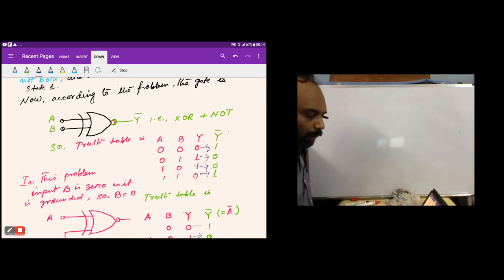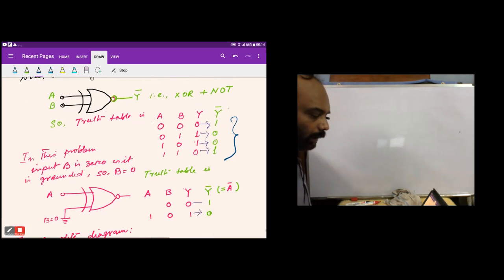So this is what is shown here. For output Y 0, the final output will be 1. For 1, it will be 0. For 1 again, it will be 0. And for 0, it will be 1. So this is the truth table for this logic gate combination.